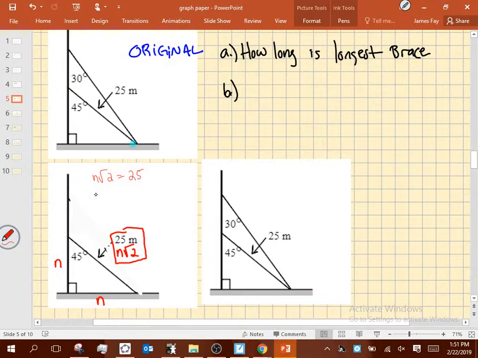Okay, so I'm going to divide by radical 2, and then I'll rationalize that. So we get 25 radical 2 over 2. The reason it works nice with an even number is because that 25 and the 2 is an even number. Say that 25 is a 26. It'd just go down to 13 radical 2, right?